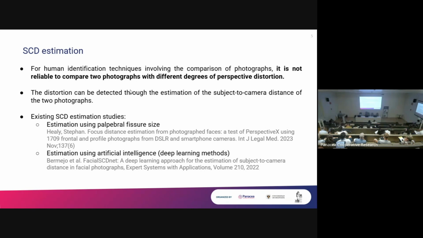There are two existing methods to do that. One is based on the size of a known object, the palpable feature size, and the other is a machine learning method based on deep learning, which is also being developed by somebody in the group.